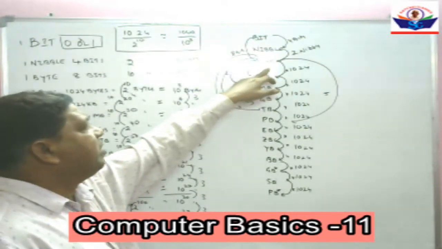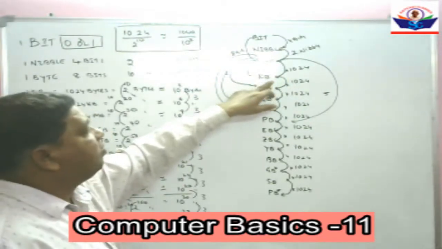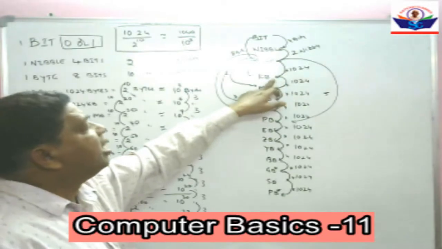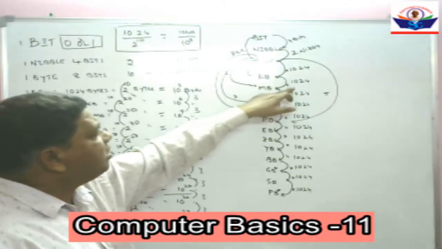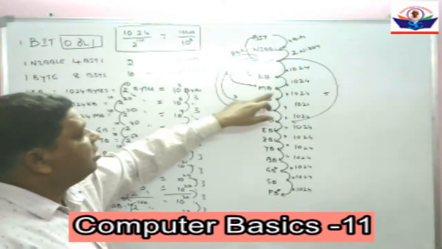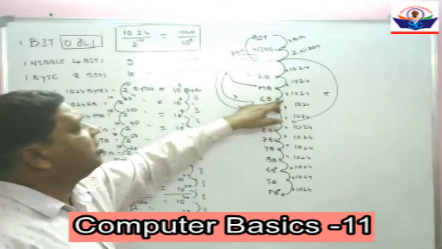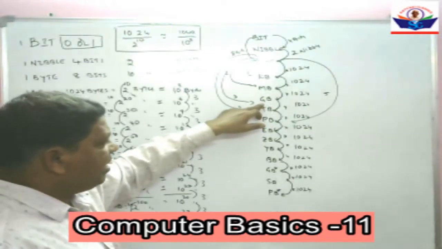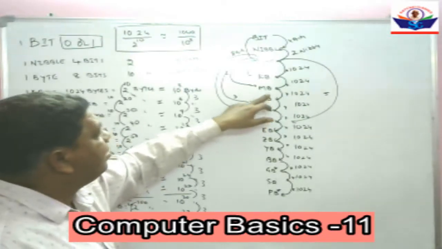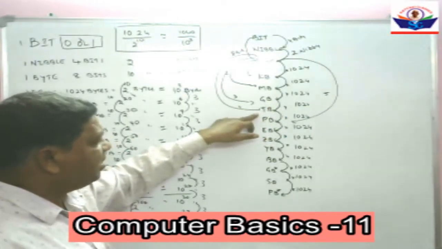If we multiply byte with 1024, it gives kilobyte. If we multiply kilobyte with 1024, it gives megabyte. If we multiply MB with 1024, it gives gigabyte. If we multiply gigabyte with 1024, it gives terabyte.